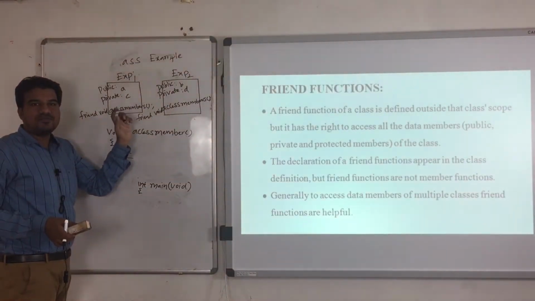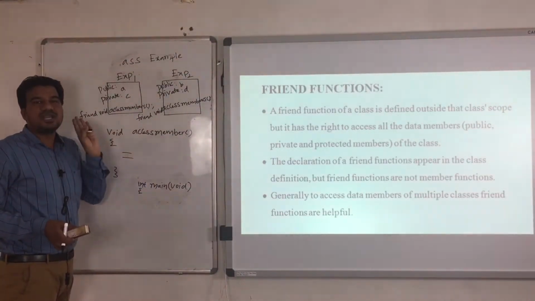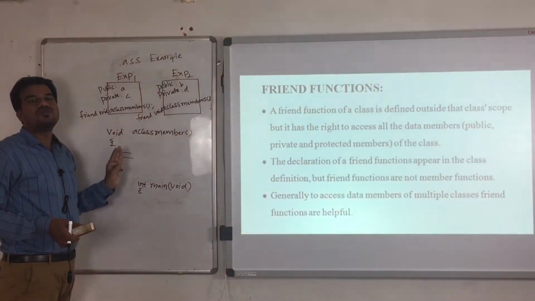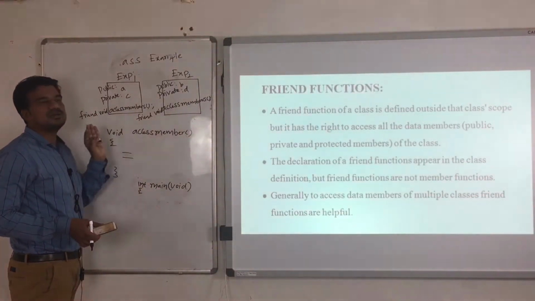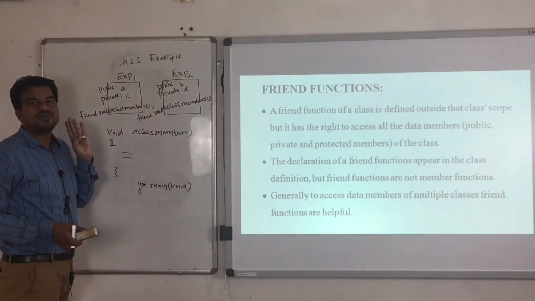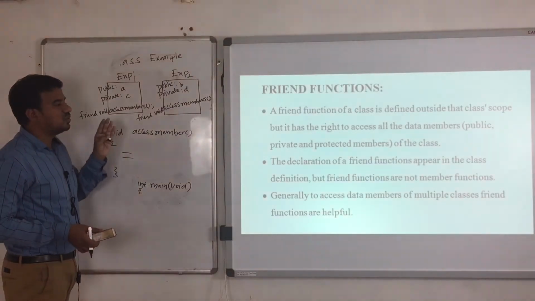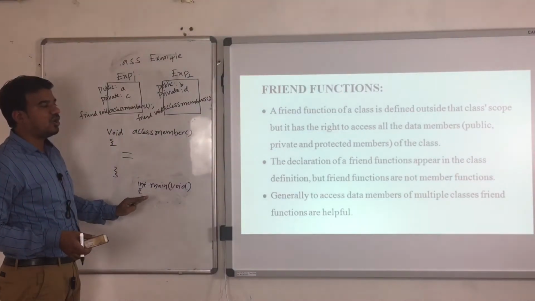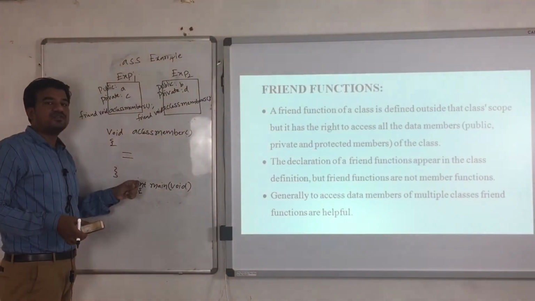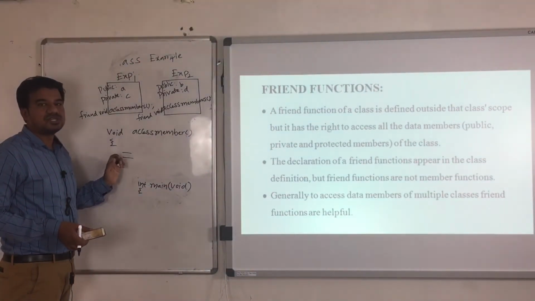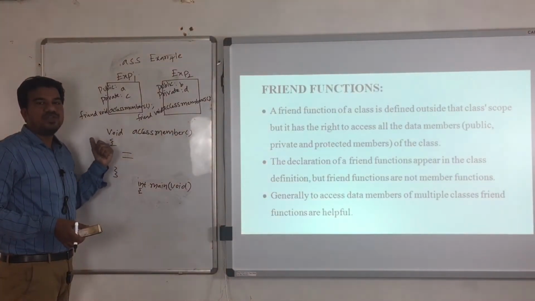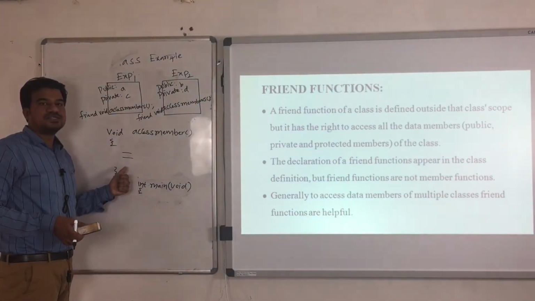So simply what we have to do, ignore that creation of object and ignore that calling the member function with the help of object. You can call this friend function without using a caller object. So there is no need of any caller object in order to call the friend function. You can call the friend function like a regular function, how we called regular functions in C programming.